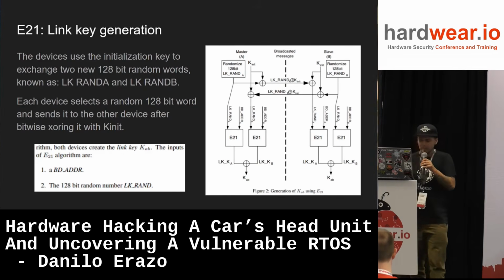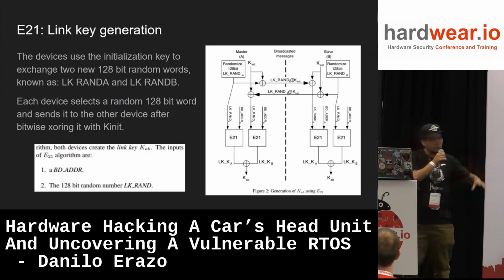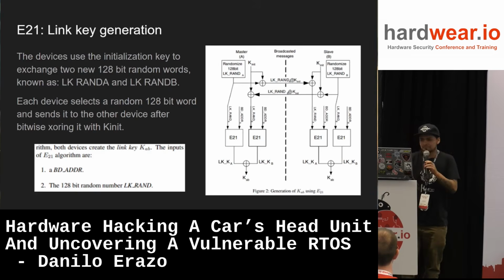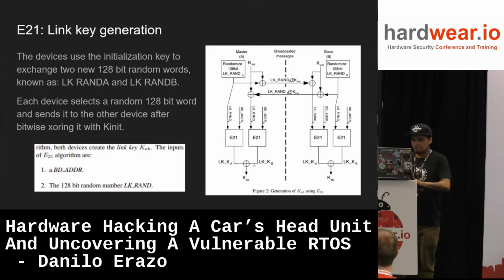The random numbers are exchanged using K_init, the initialization key, to secure them. Then each device runs the E21 algorithm with its random number and its Bluetooth address to produce two intermediate keys, K_A and K_B, which are XORed together to form the final link key K_AB, as you can see here. This link key is used for long-term authentication and encryption.